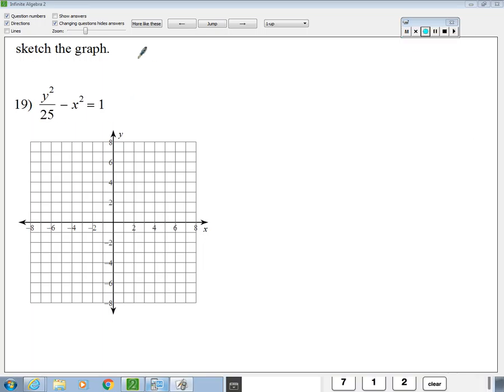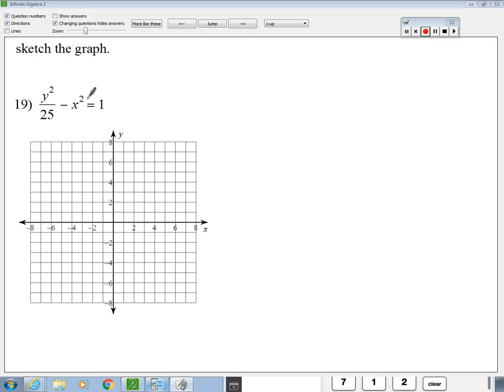Okay, so we know this is a vertical hyperbola, and the reason we know it's vertical is because the y is first in the equation. The reason I know it's a hyperbola is because it has a minus in the middle. Now, where do we start? 0, 0, because the y and the x didn't have anything with them.